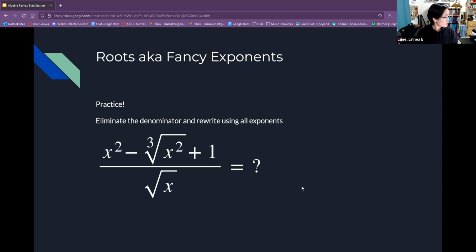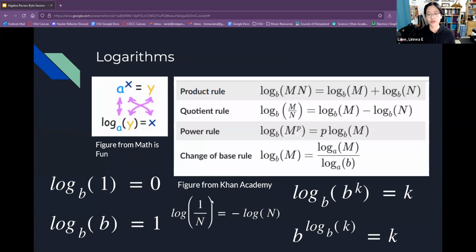All right, moving on to our last topic, logarithms. Logarithms are another way to write exponents, essentially. People think of them kind of as different things, but they're really the same thing. We're just seeing what exponent we need to get to some number, right?